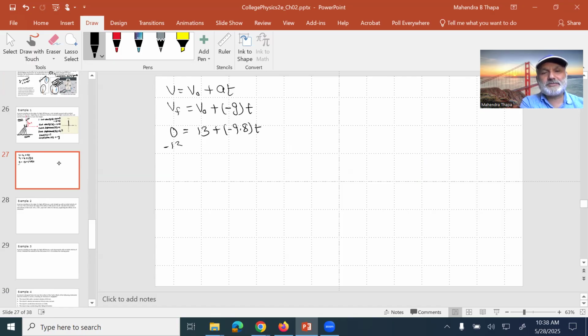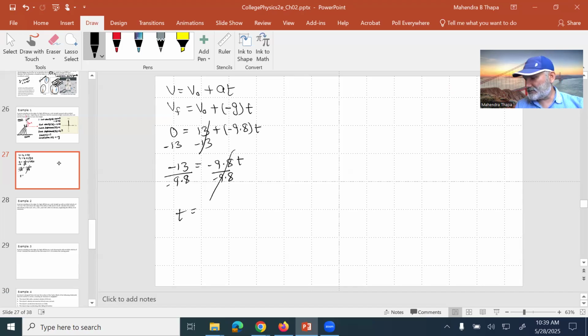I do a little algebra over here. That's how I get the time. So minus 1.3 equals minus 9.8 times t. I divide both sides by minus 9.8. This cancels out. So t will be basically 1.3 over 9.8. You can use the calculator for that. So this comes to be 0.13 seconds. So this is the time taken by the stone to reach the maximum height.